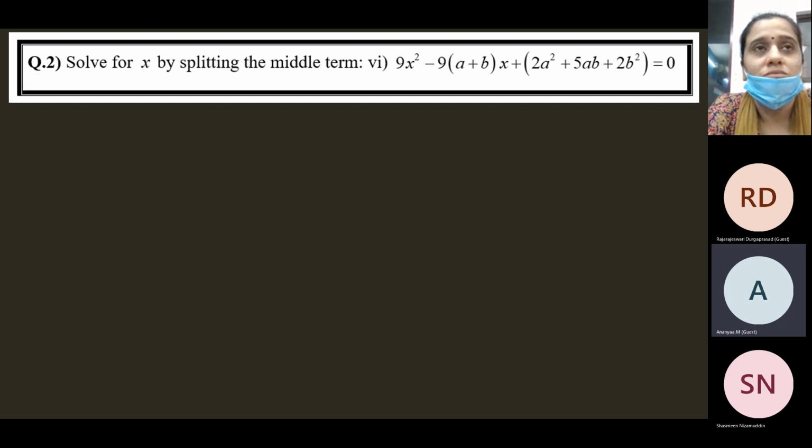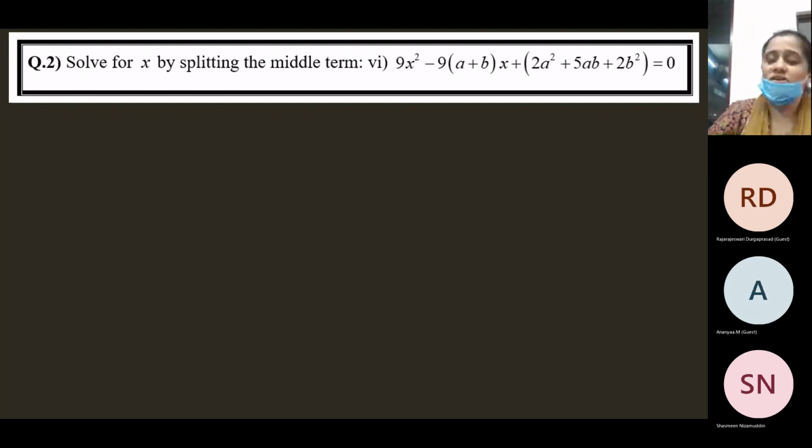A square plus B square minus 2AB, which is A minus B the whole square, is it? Are you getting A square plus B square minus 2AB, which is A minus B the whole square? Yes, ma'am, yes.